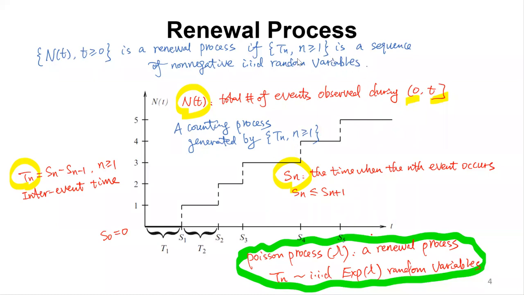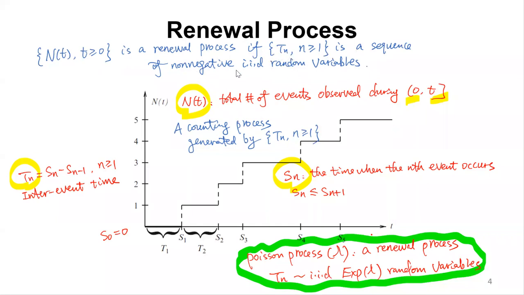Here, Tn is a sequence of non-negative IID random variables, okay? So Tn is a random variable, Sn is also a random variable, and Nt is also a random variable. And Nt will become a renewal process if Tn is a sequence of non-negative IID random variables. You see here, the renewal process is Nt. It's also a counting process, the number of events, but it's determined by Tn.